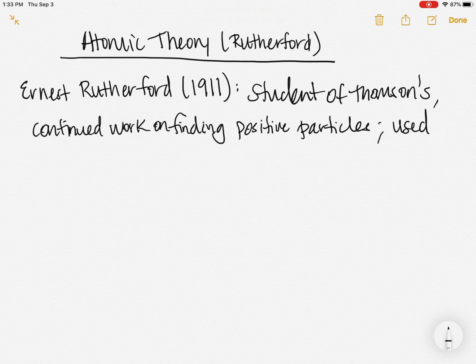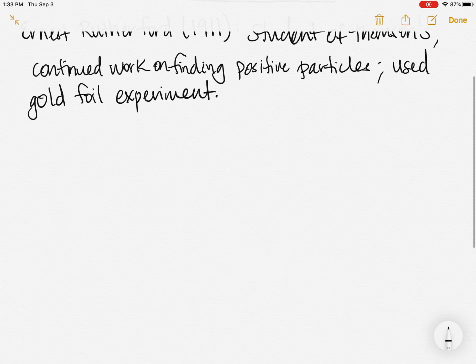And he used something very famous. He used something that's referred to as the gold foil experiment. Now, I'm going to try to draw this for you, and bear with me because it's a little bit of an interesting setup.